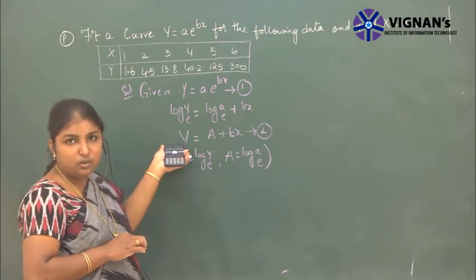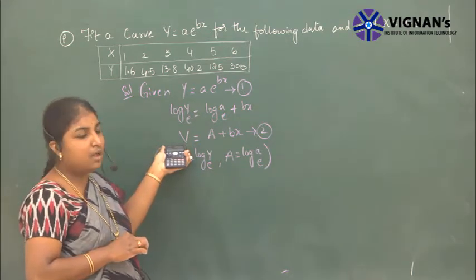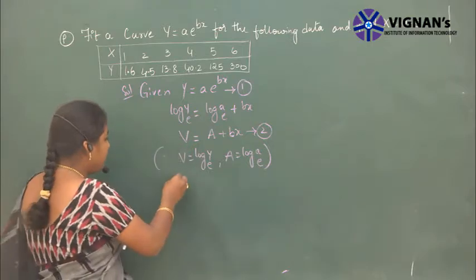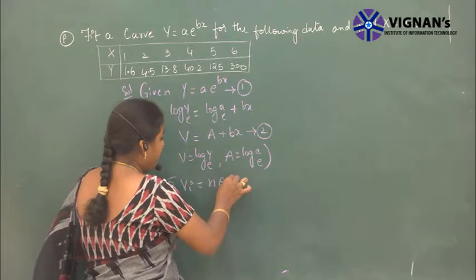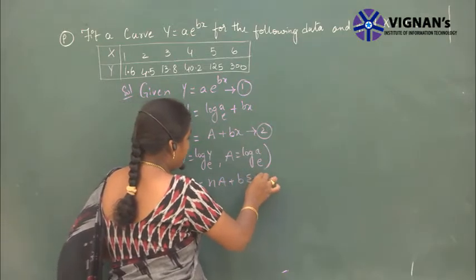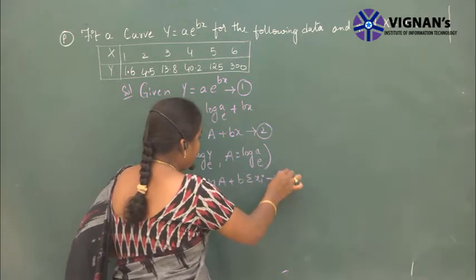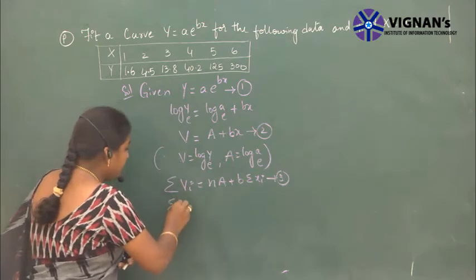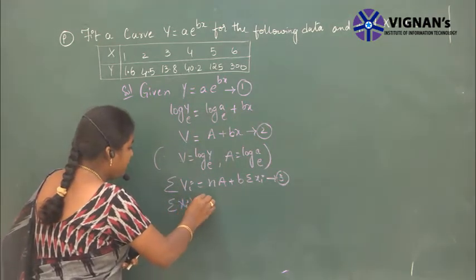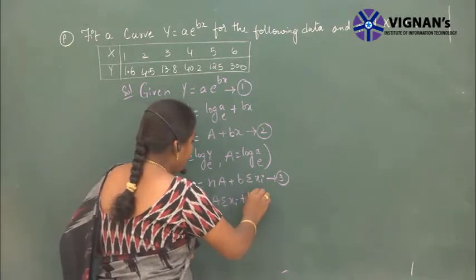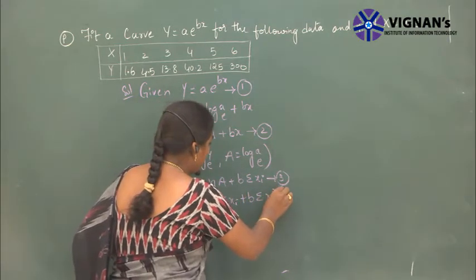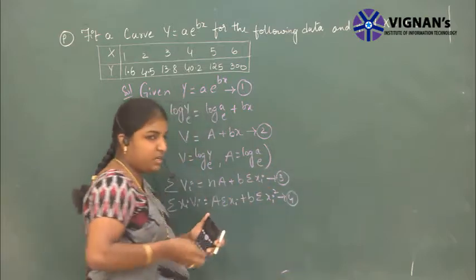Equation 2 is a straight line equation. For a straight line equation, the normal equations are summation Vi equal to N a plus B summation Xi, let this be equation 3, and summation Xi Vi equal to A summation Xi plus B summation Xi square, let this be equation 4.